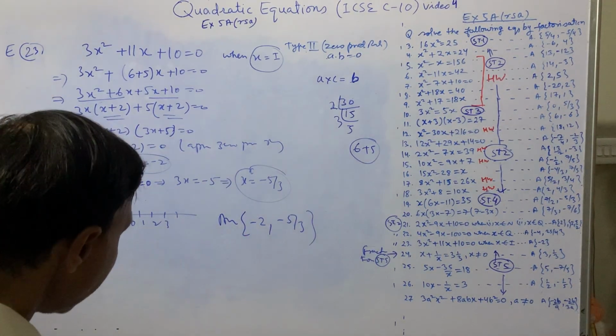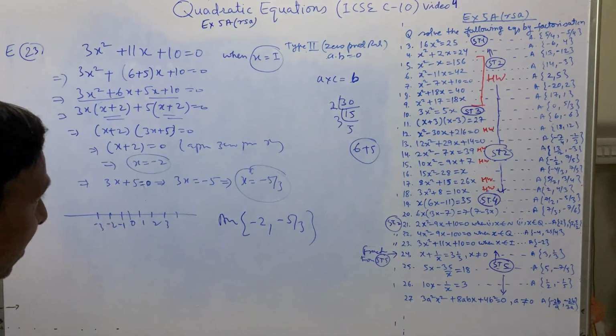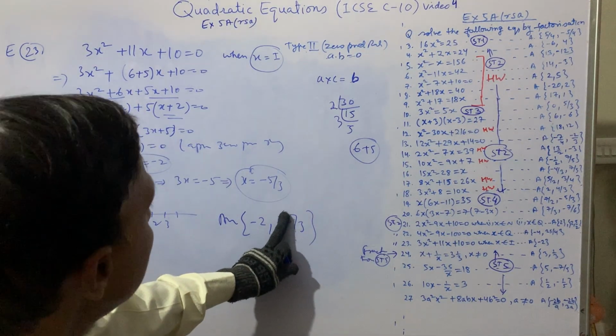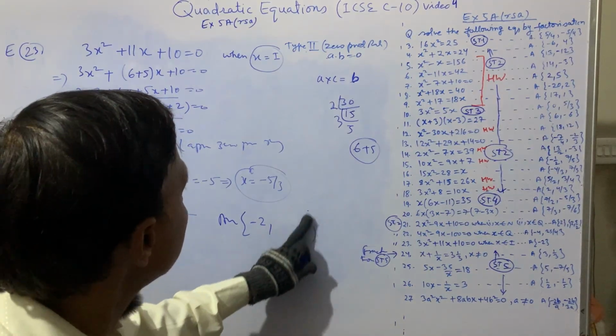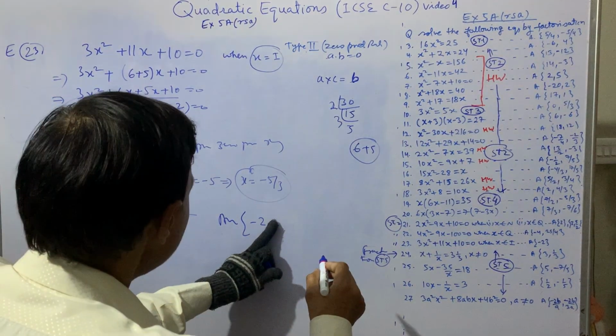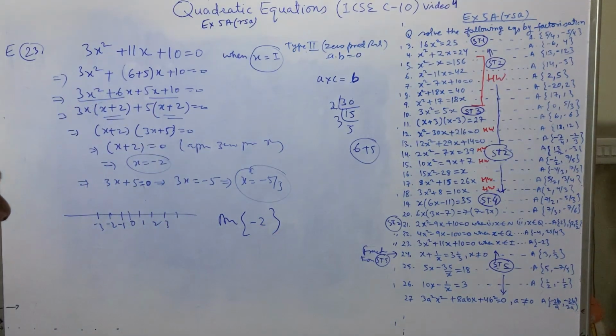The set should consist of the negative numbers, but integers means it should not be in a fractional form, isn't it? Integers should not be in a fraction form. It should be negative, but not in the fractional form.